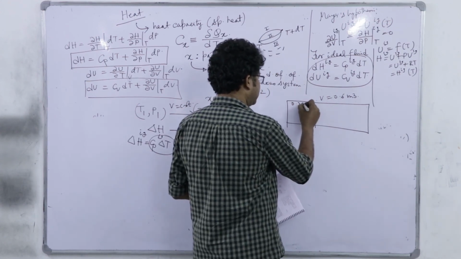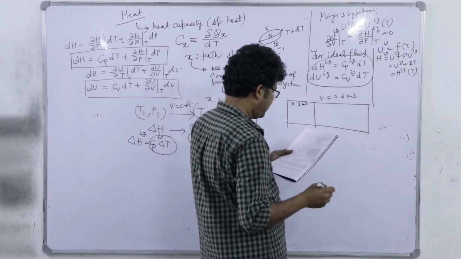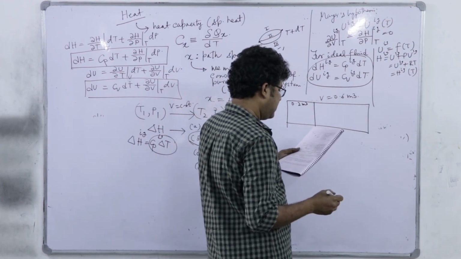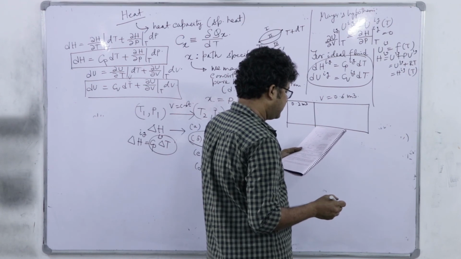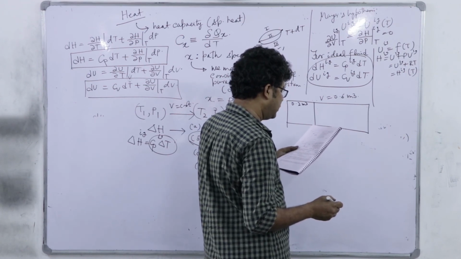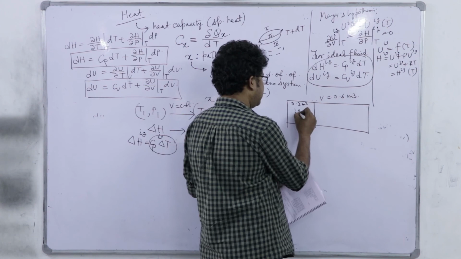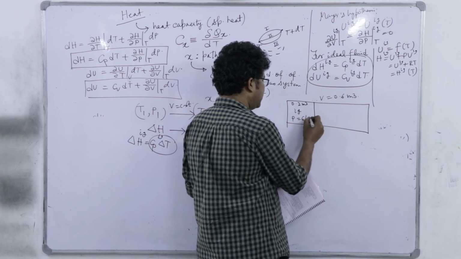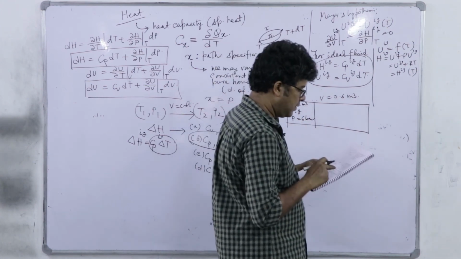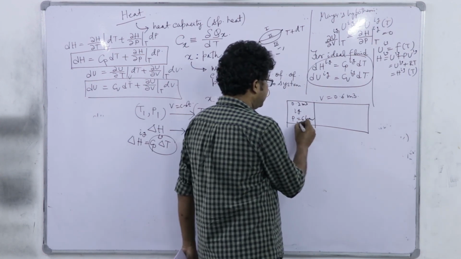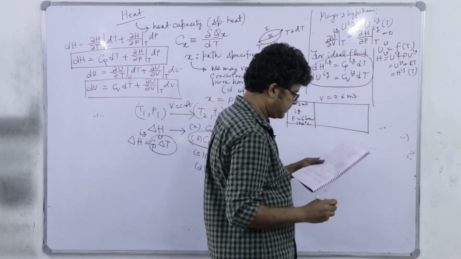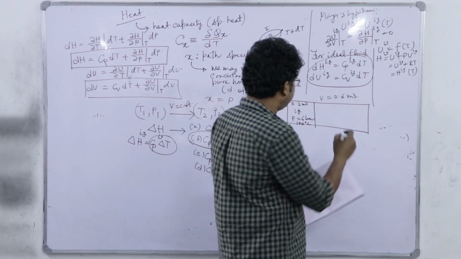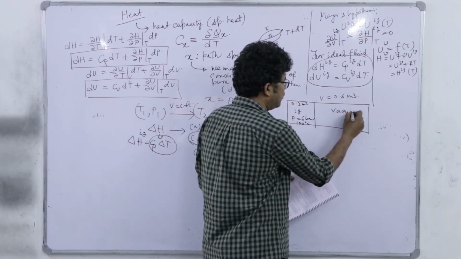Here this part has got a volume of this, right, as shown in the figure. The smaller part of volume 0.2 meter cube has an ideal gas at pressure 6 bar and 100 degrees Celsius temperature. The other part is evacuated. So here we have vacuum.